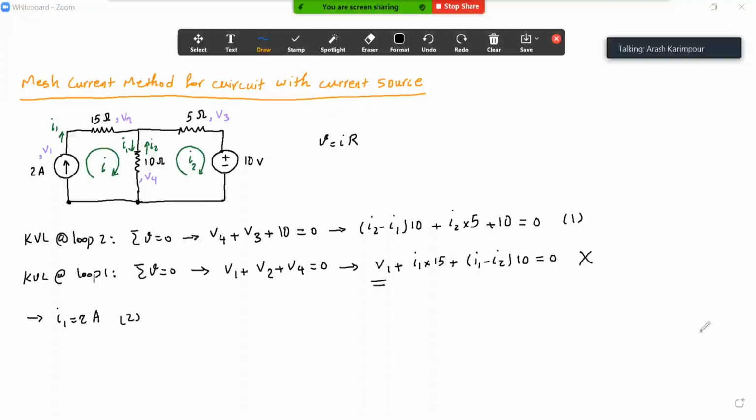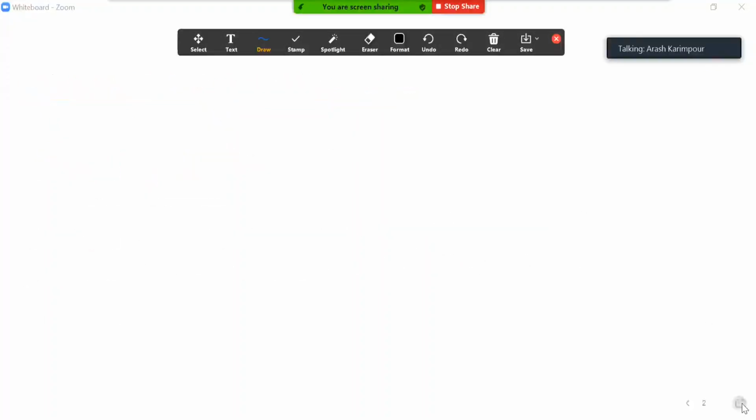Okay, let's look at another example, a circuit with a current source in it.